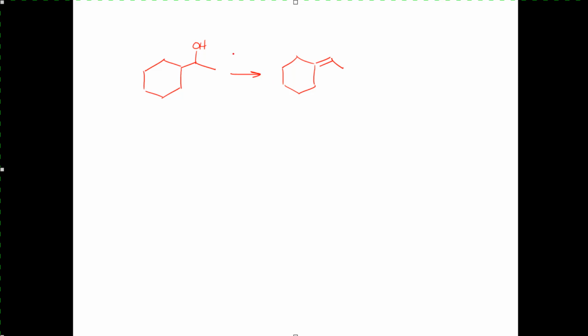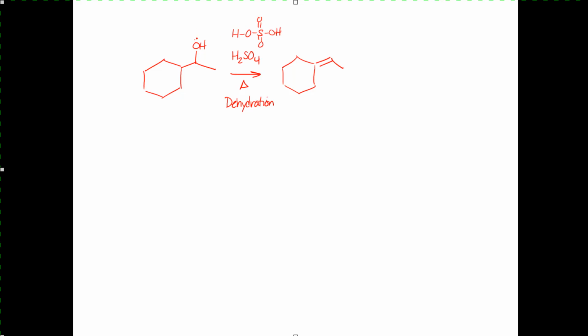Well, how about H2SO4 and heat? Let's do dehydration. How would that mechanism work? Well, never a bad thing to review mechanisms.